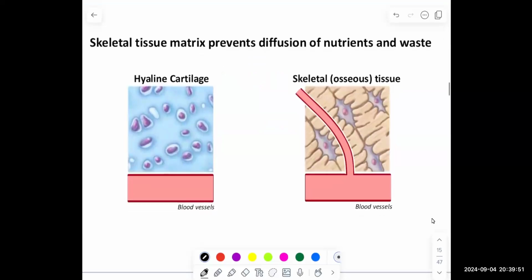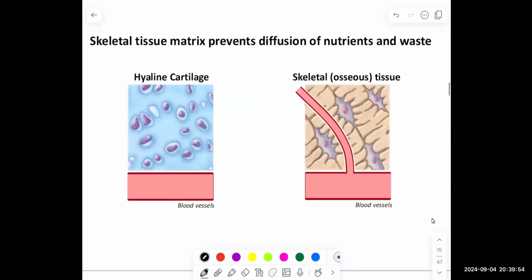Let me get to that, yes. Hyaline cartilage is not vascularized, is not innervated. What does that mean? Because the matrix is like a gel, oxygen can diffuse through the gel.